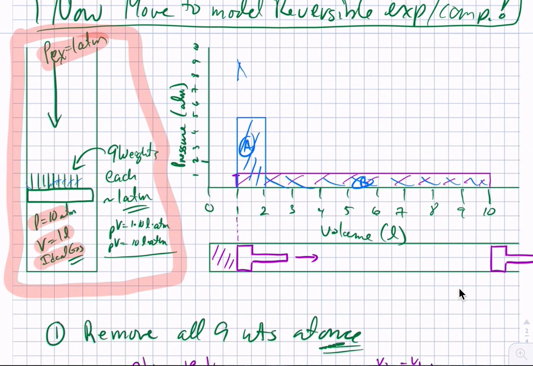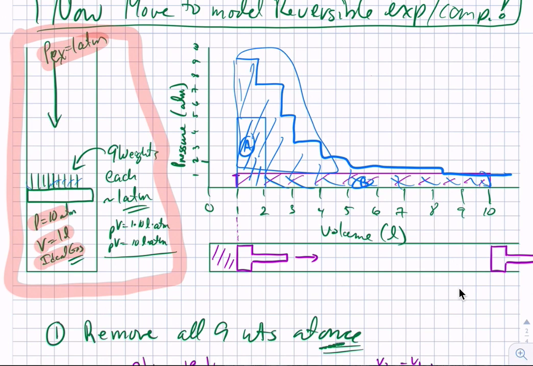So I'm just going to draw an approximation if I can get the pen to work. And then we're getting all this extra energy or work out of the system due to letting it push against a higher external pressure until it reaches equilibrium.